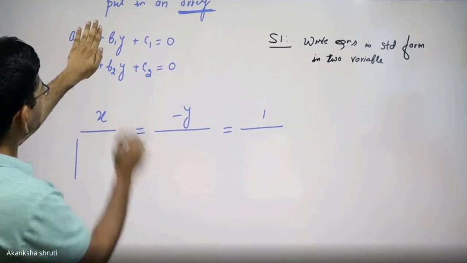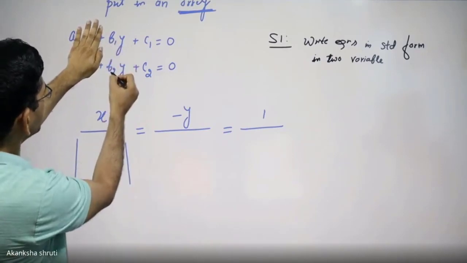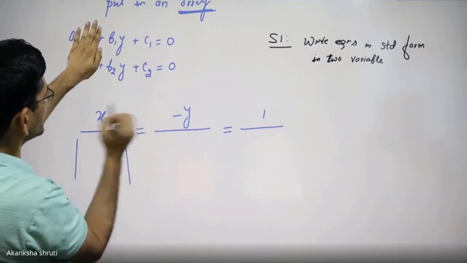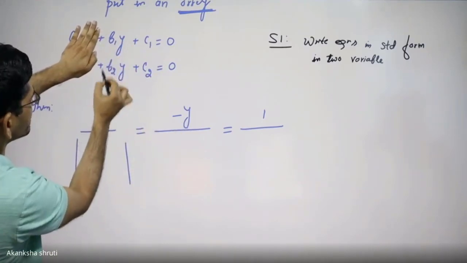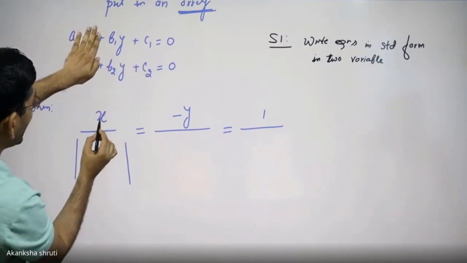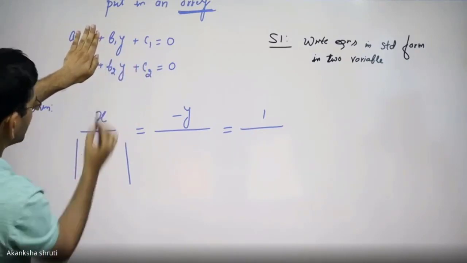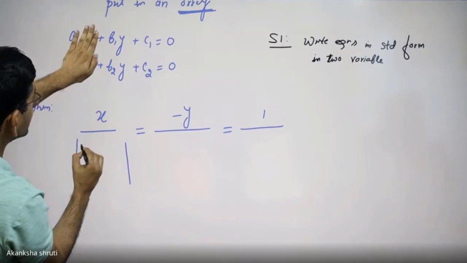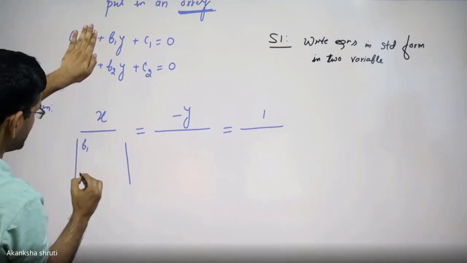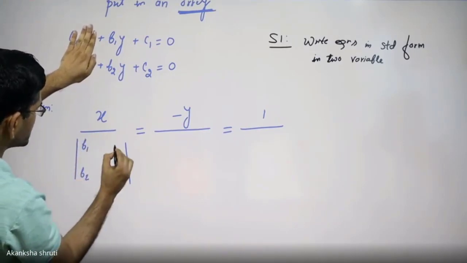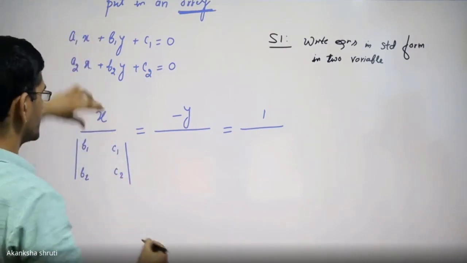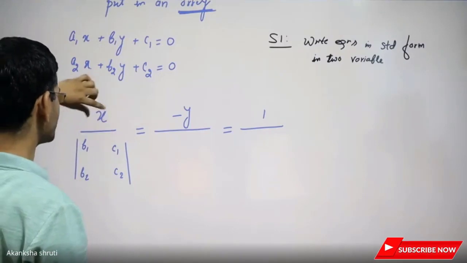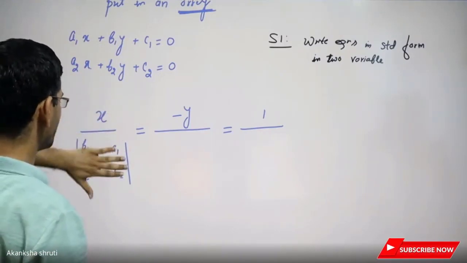What is left? Their coefficients and constant terms you need to write below this, considering the signs: b1, b2, c1, c2. So hide the x and write the other numbers: b1, b2, c1, c2. For determining the value of x, this should be the array below the x.